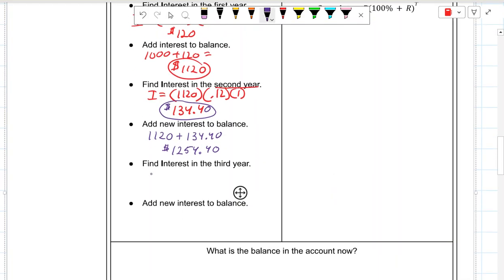We take the new balance, we find the interest on it. So our new balance is $1,254.40 times our interest rate for another third year.